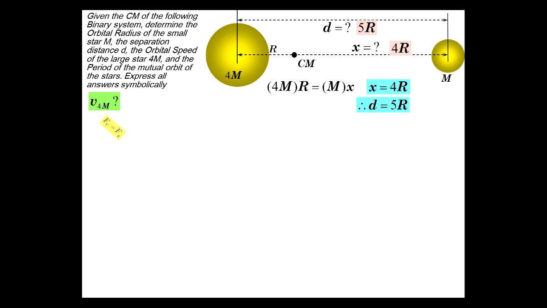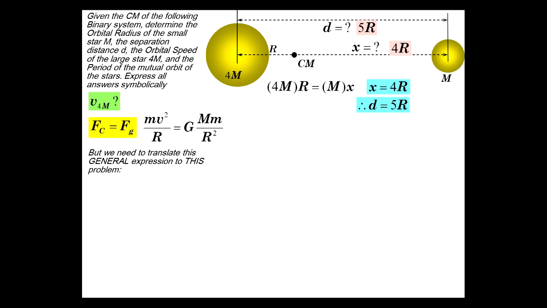Well, we're going to use our super duper powerful problem solving idea, Fc is equal to Fg. And so mv squared over r is GMm over r squared. So you're comfortable with this right now. But what you're not comfortable with at the moment is translating this to fit this situation here. So that's what I'm going to do now.